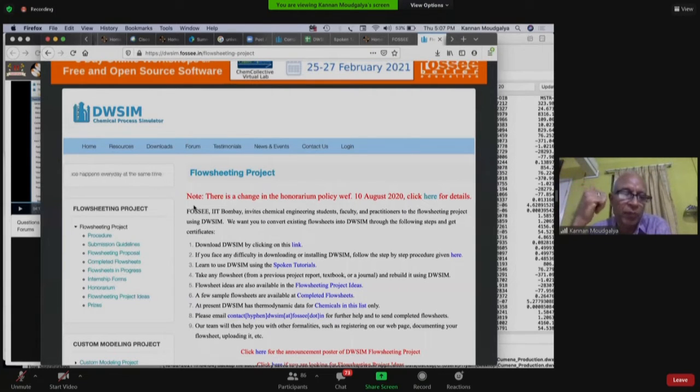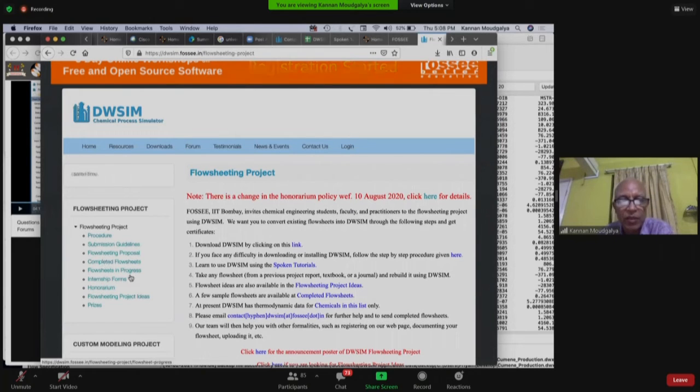So why should you block him? So that way we also set a limit that maybe 1 month time or maybe 2 months. All those things are mentioned there in our outline. For example, procedure is there, submission guidelines, a flow sheeting proposal, everything is explained. Okay, Abhishek?